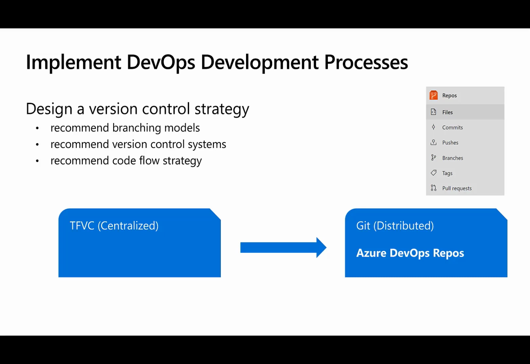Team Foundation was known as a centralized system, which means all your developers are connecting to a centralized repository, and from there checking in code, updating, making changes, waiting for approvals, and so on. We're now with mainly Git, and Azure DevOps repos is the technical source control component within Azure DevOps. It's 100% Git compatible, Git enabled, and that's where we talk about a distributed model.